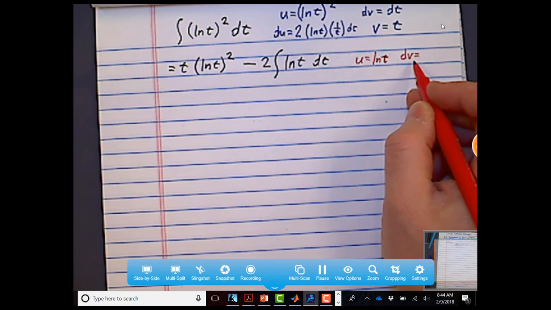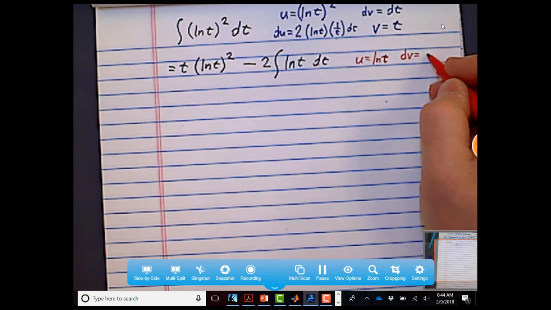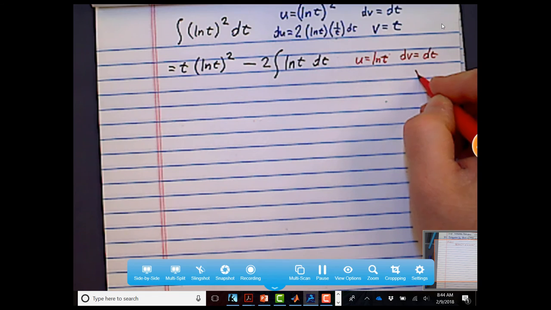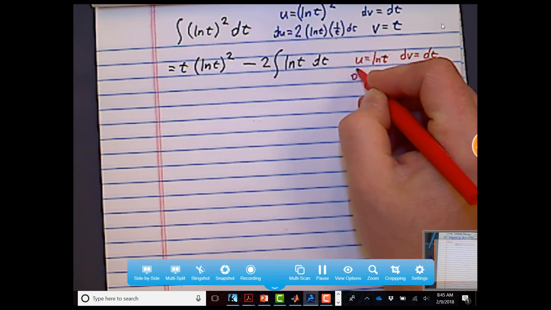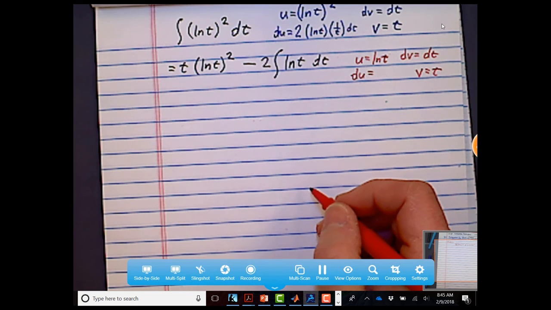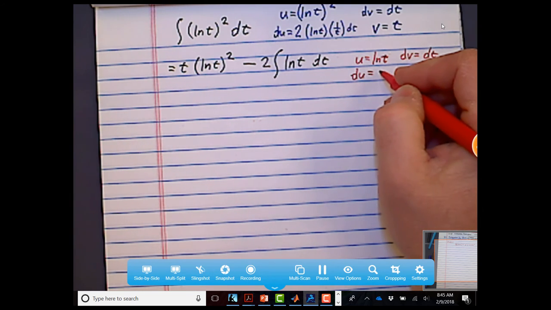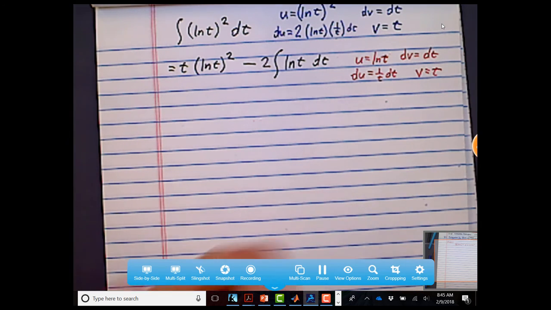What's dv going to equal? dt. When I do that, v is equal to t, and du becomes 1 over t dt.